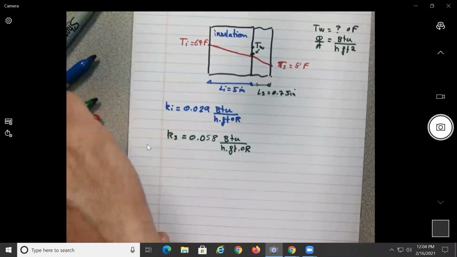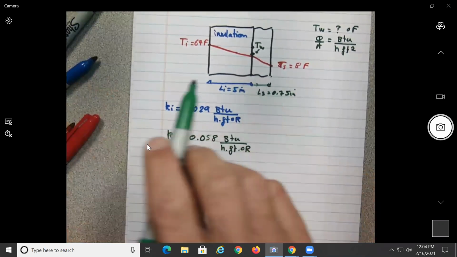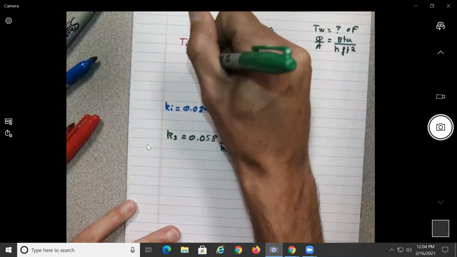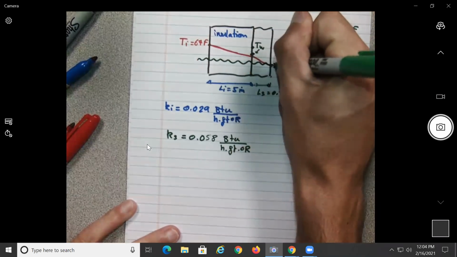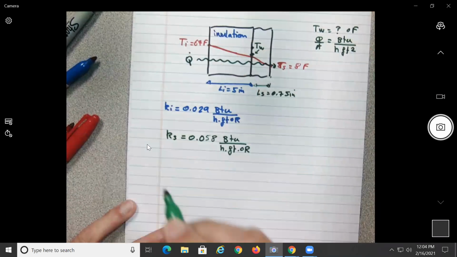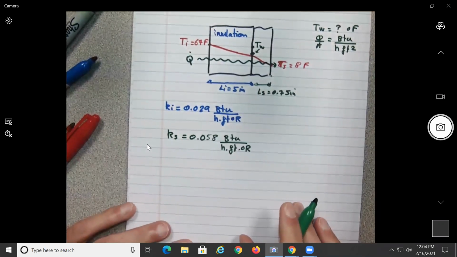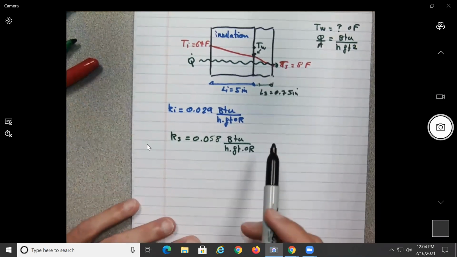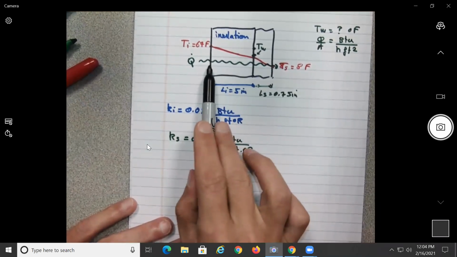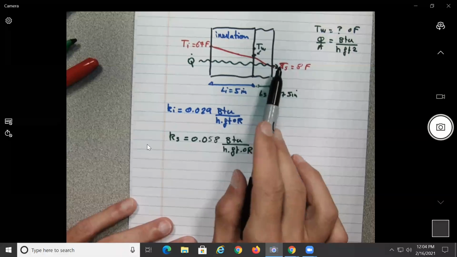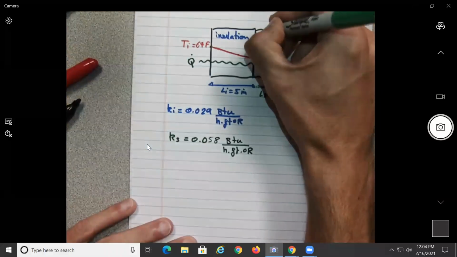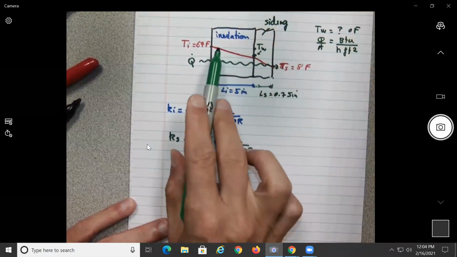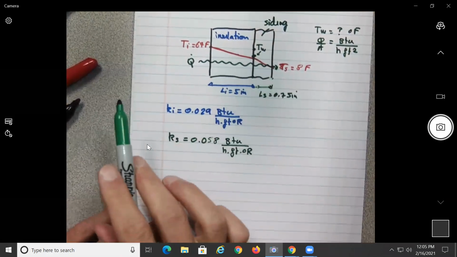All right, so again, maybe it will help if I sketch what will be Q. So this is the heat transfer. What do we know about the heat transfer? I think it's what we discussed last time. Will the total heat going through the wall be equal to the amount of heat going through the insulation plus the amount going through the siding?